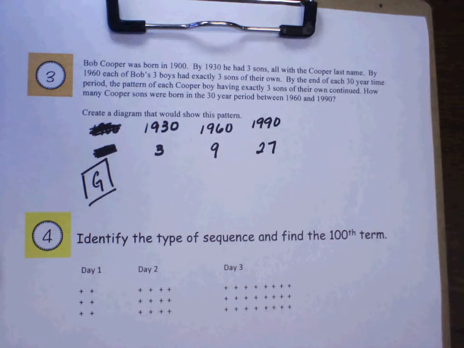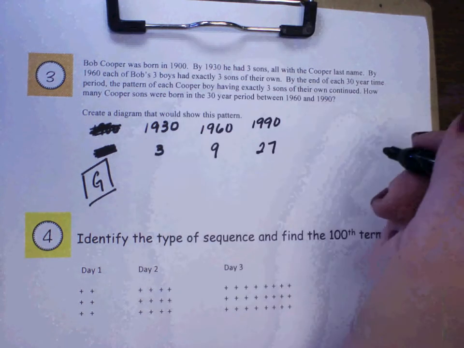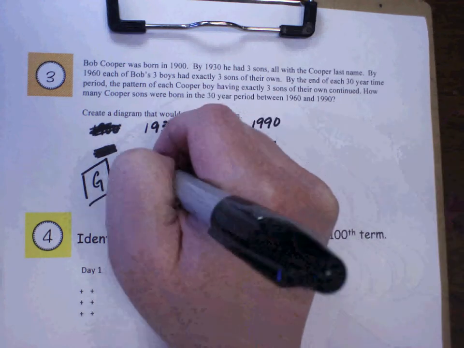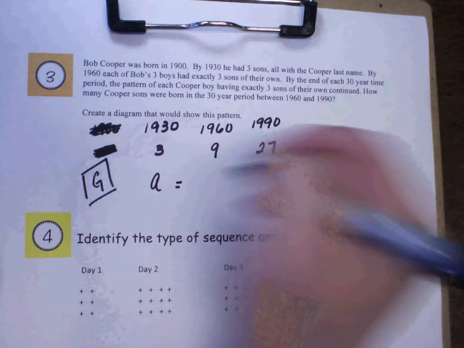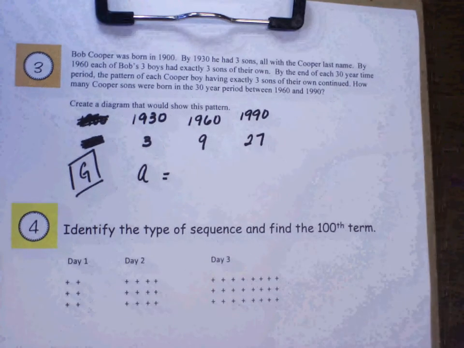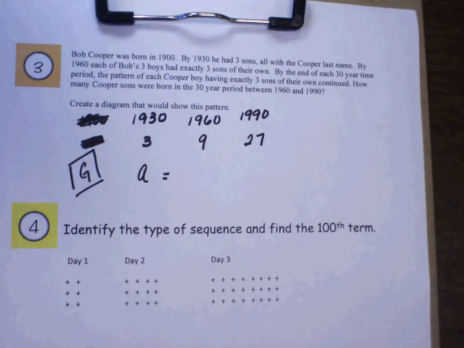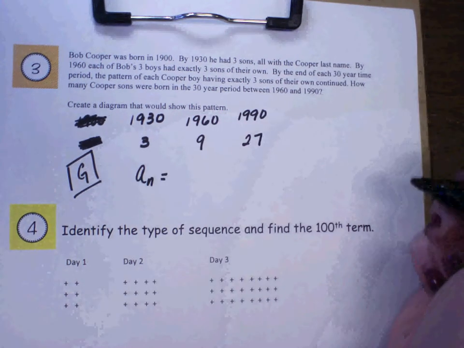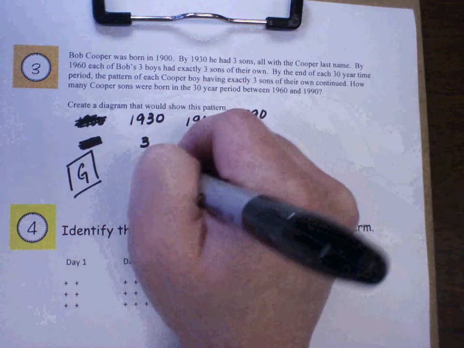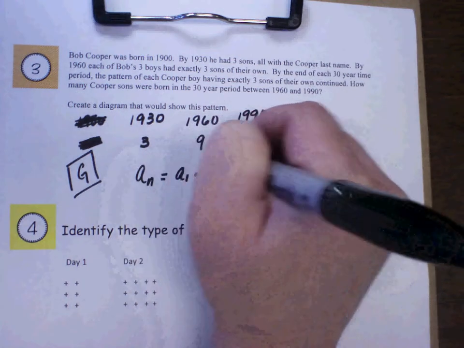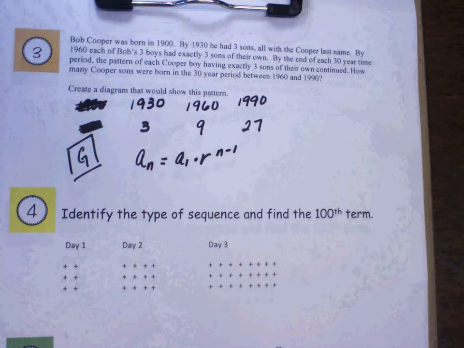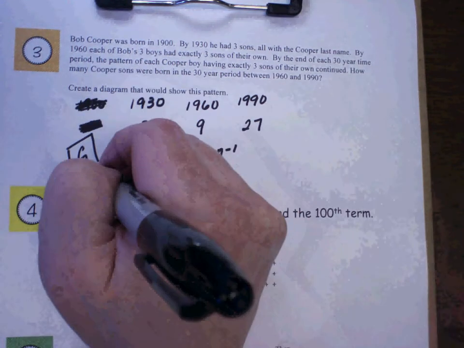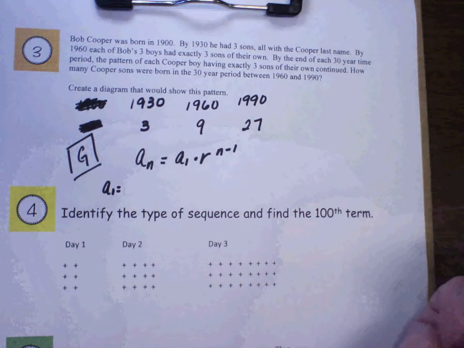Now let's come up with the general rule. What's my rule? A of n equals A1 times r to the n minus 1. So what's my A1? 3.